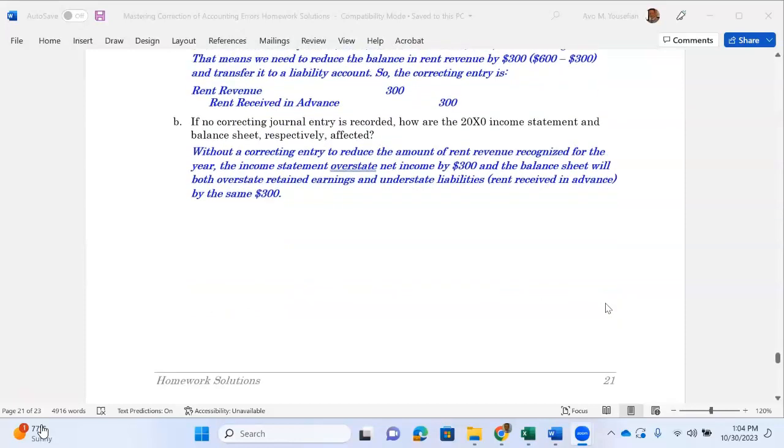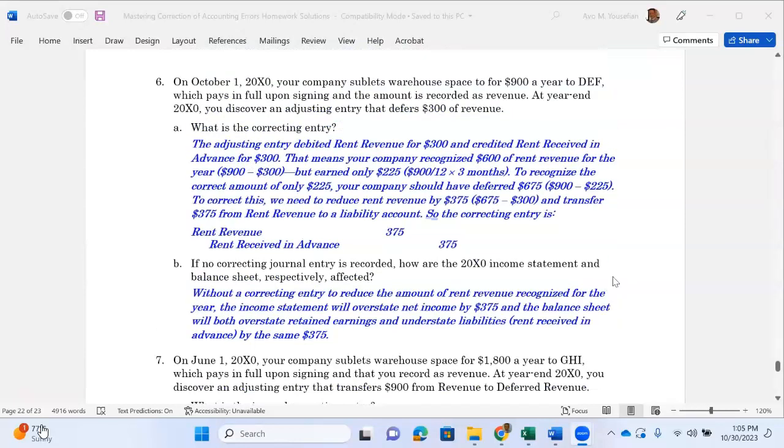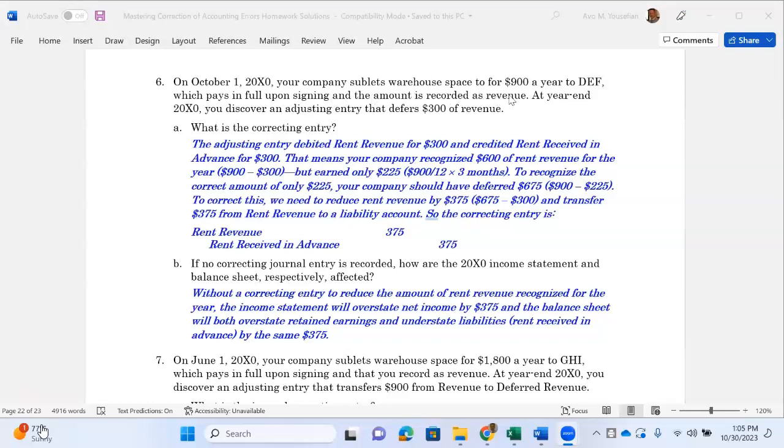So that's number 5. Let's go to number 6. In number 6, it says on October 1st of 2020, your company sublets warehouse space for $900 a year to DEF, which pays in full upon signing, and the amount is recorded as revenue. So let's do that.